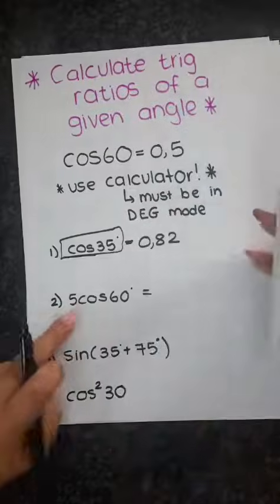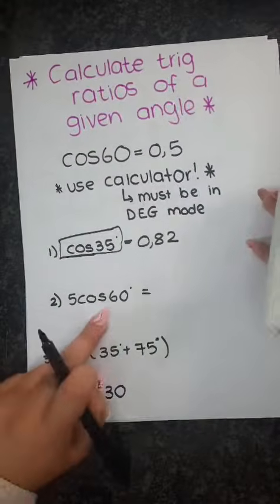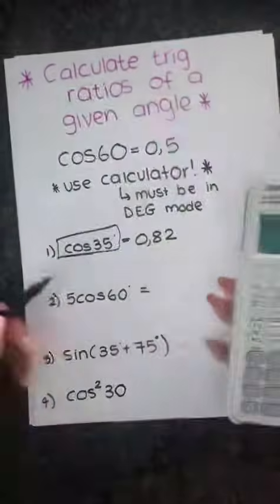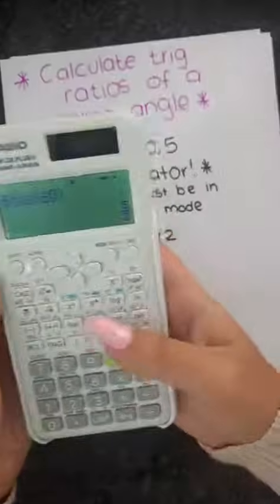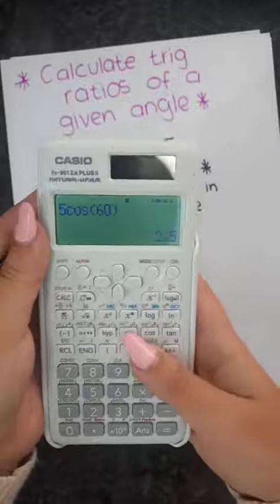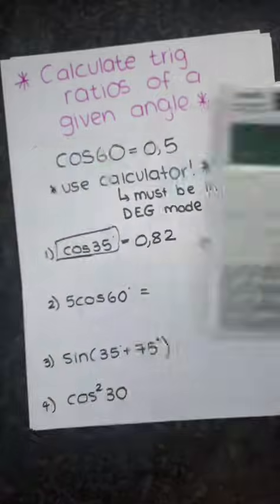In this case, I've got 5 cos 60. It's basically 5 multiplied by cos 60, and I get 2.5, or 5 over 2.